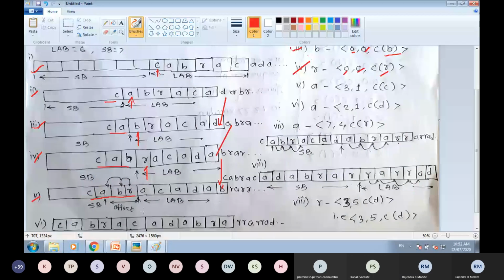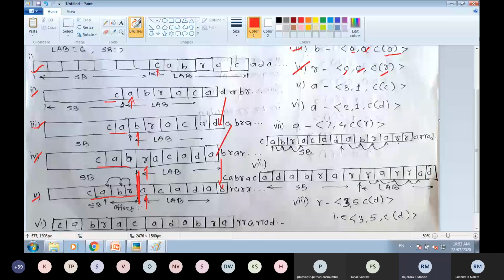Okay, so whenever I find out the match for this A, if I am observing the search buffer from this point, this is the pointer we can say, because that pointer divides the search buffer and the look ahead buffer. So this place we can call the pointer. From this pointer, at which place the match is found?